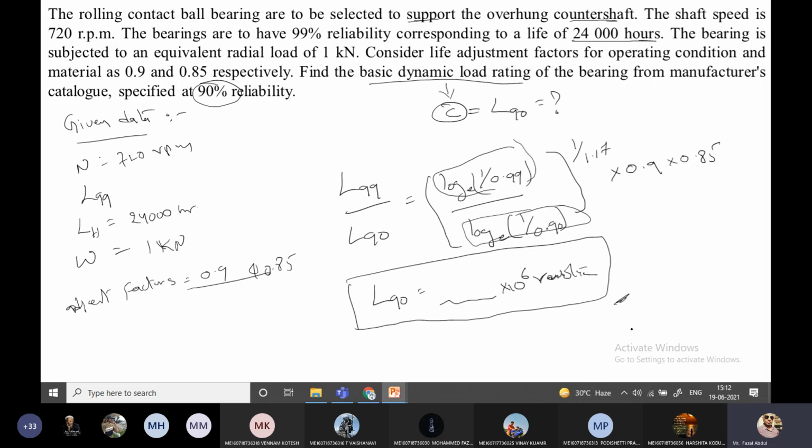So okay, I forgot one more thing again. Here the LH value is given. So L99 is 60 into N into LH. So that is 60 into 720, okay, and the LH value 24,000. Now the L99, okay. So tell me the L90 value. Let's make a correction and tell me the L90.